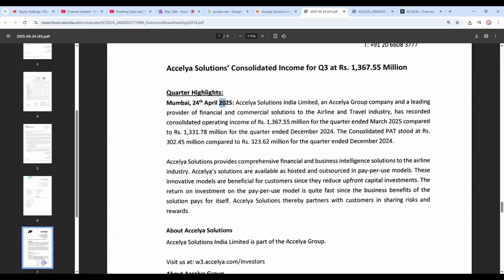Quarter highlights. Accelya Solution, Accelya Group Company, leading provider of financial and commercial solutions to airlines, has recorded consolidated operating income of 1.36 billion for the quarter compared to 1.31 billion. PAT stood at 300 million compared to 3 billion for a quarter, so 1.2 million.